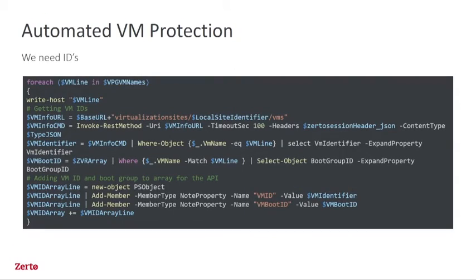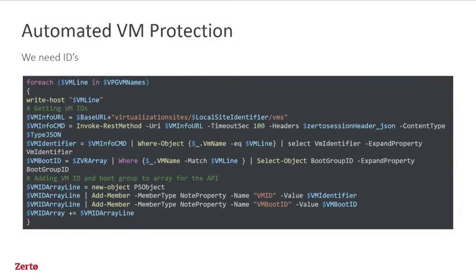So what am I doing now? I'm using the API of Zerto and list the VMs. So we have an API called virtualization sites, off the top of my head. But we can list the unprotected VMs. And while we list them, we can get their names, but also the VM ID that Zerto knows them by.